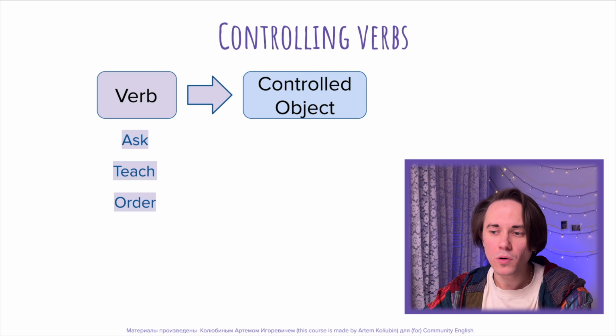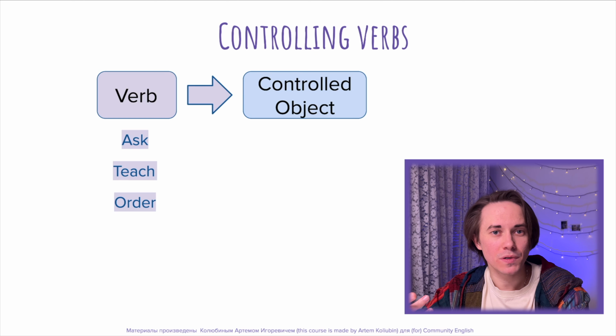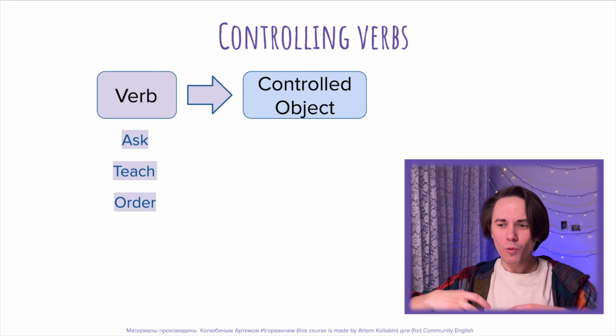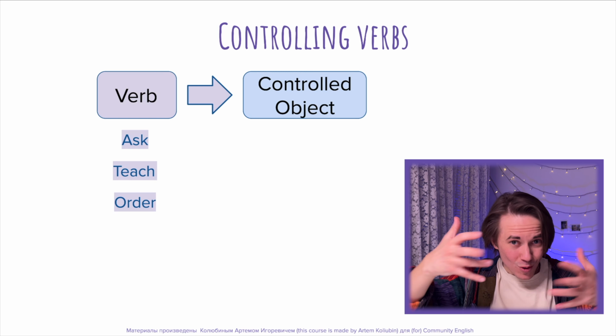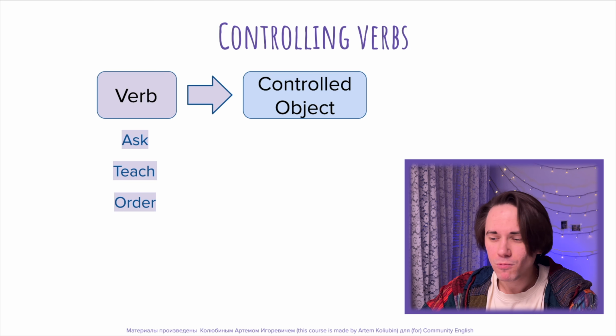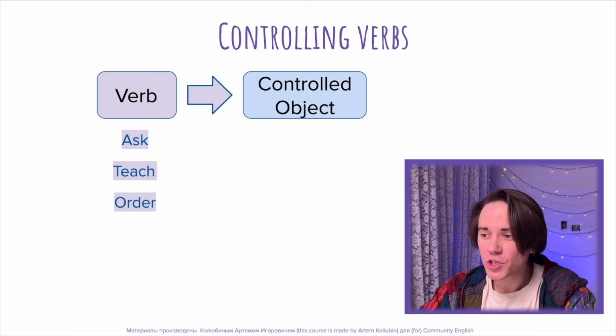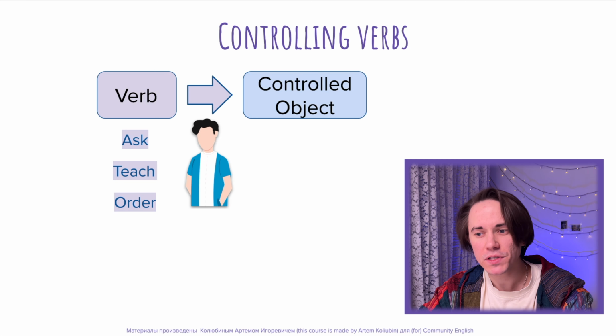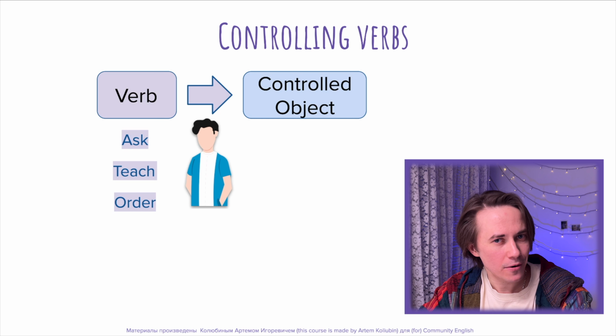So for example, ask. When you ask somebody, you kind of control them in a way. Or when you teach somebody, you also kind of control or order or tell, right? So in all these situations, let's say we have Harry, we ask Harry, we teach Harry, we order Harry, right?